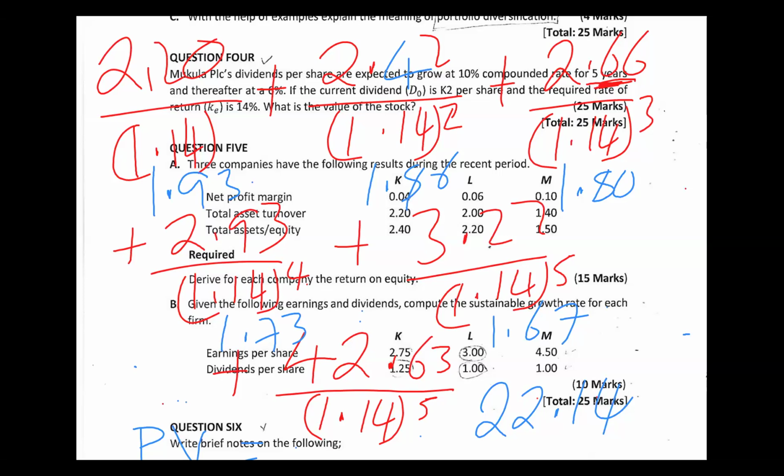What do you find? 31.14. Which one do we pick?